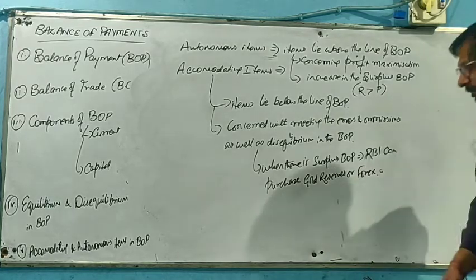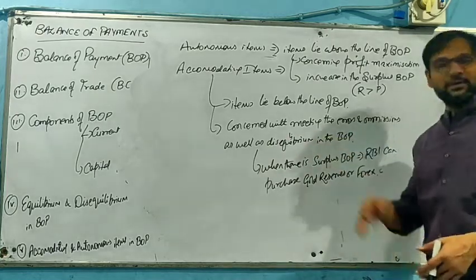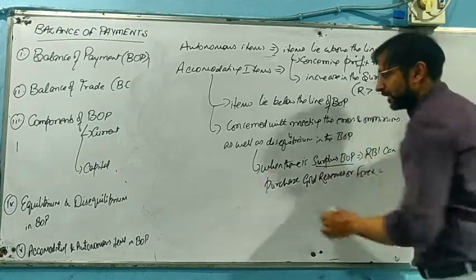That is basically an example. What can we do with the surplus amount so that we can equalize or maintain the equilibrium level in balance of payment if we are having surplus BOP.